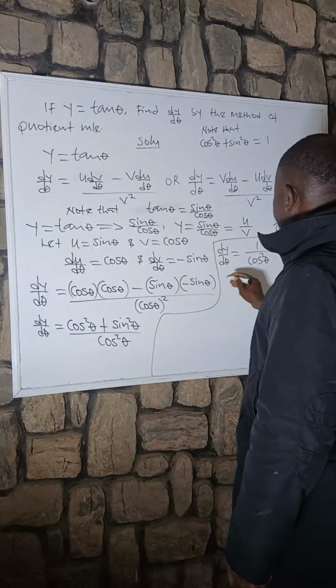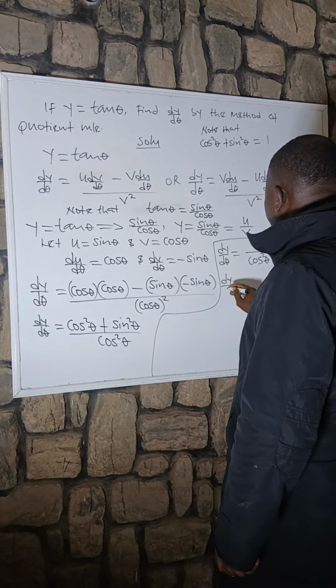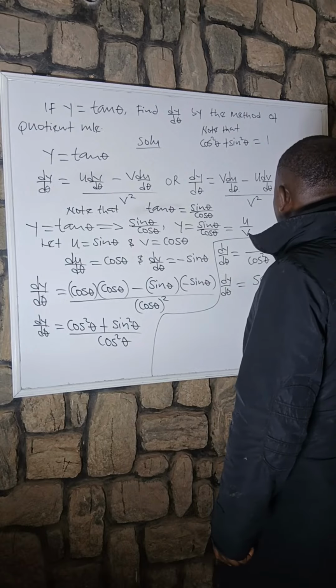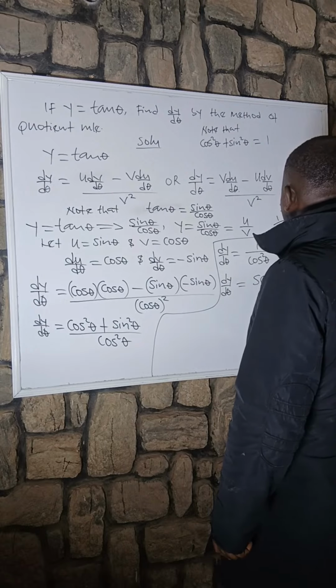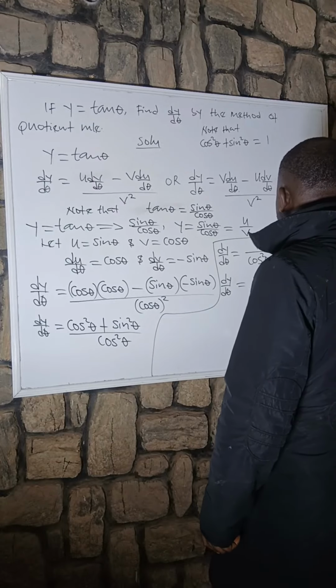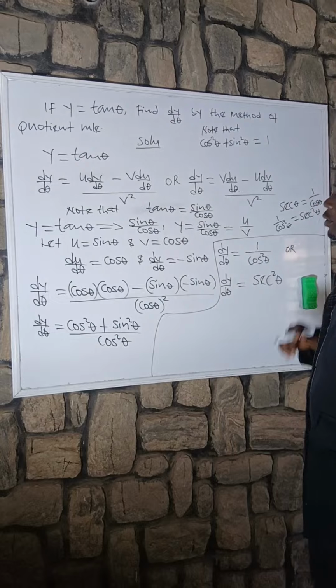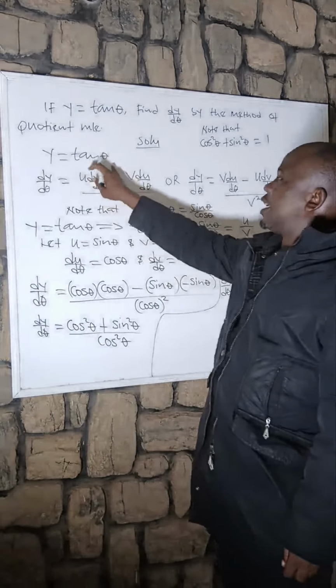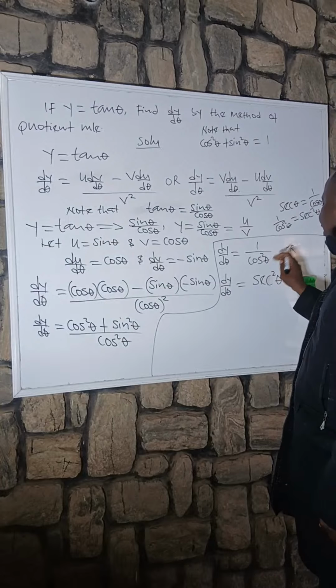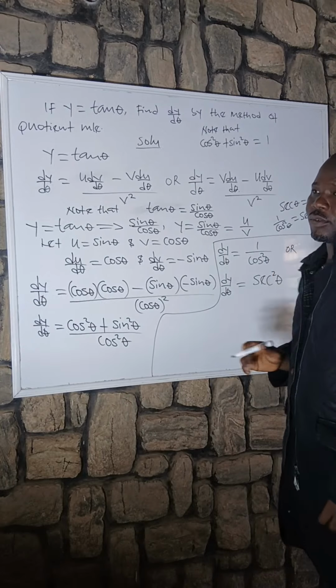So dy over dθ will now be equal to sec squared θ. In other words, if you differentiate tan θ, you are supposed to have either 1 over cos squared θ or sec squared θ.